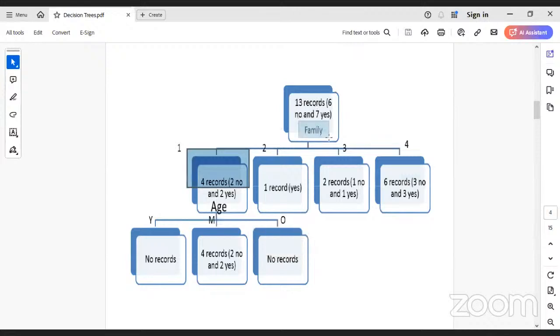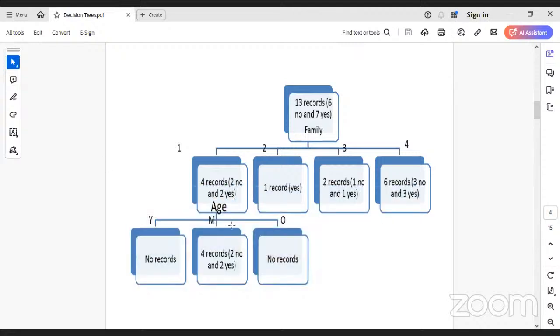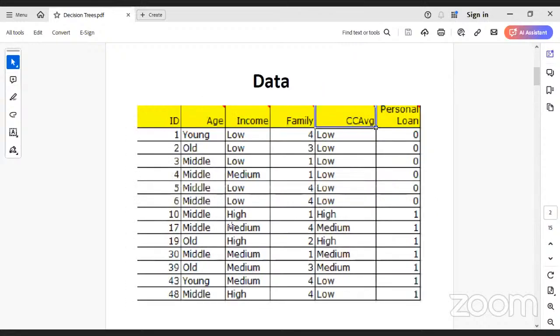So let us take the first example. Family is used, what remains is ID, age, income, CC average. Out of that, again I have applied the mathematical formula. Let us say age has come, so I am taking age as the next splitting criterion. So how we should split is, go to age and look at the number of categories.